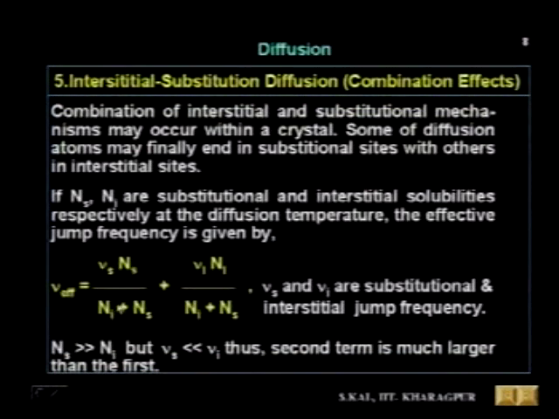Okay. So basically in the diffusion furnace, when diffusion takes place, which type of diffusion mechanism is predominating is very difficult to conclude. Any of these, interstitial or vacancy or substitutional, may take place in a combined manner.